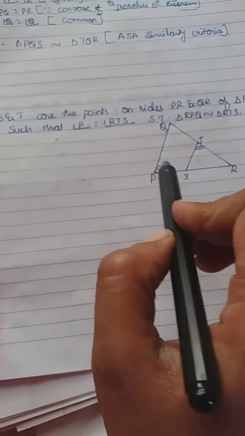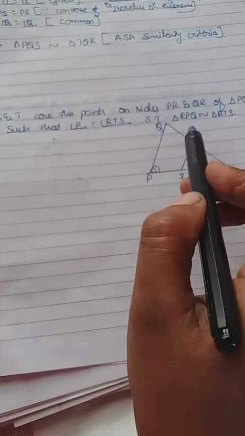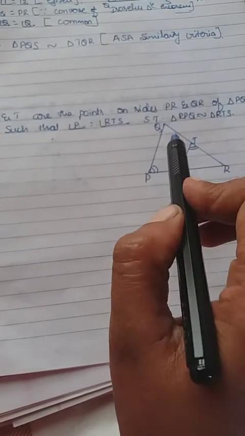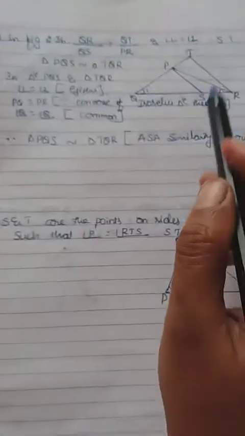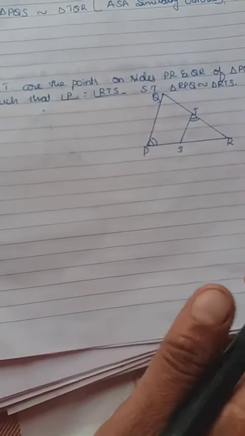So in triangle PQR, such that angle P equals angle RTS. Show that triangle RPQ is similar to triangle RTS. Almost what we saw before, just the reverse, okay.